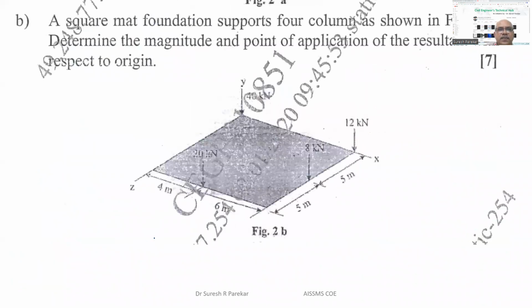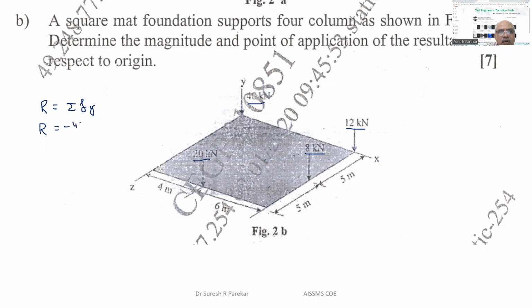So now we have this problem: a square mat foundation supports 4 columns as shown in figure. Determine the magnitude and point of application of the resultant. Now we have seen, if you see the lecture of theory, then we have simply R is equal to summation Fy. And then I will get R, this is equal to, so we have four forces, 40, 12, 8, and 20, all downward.